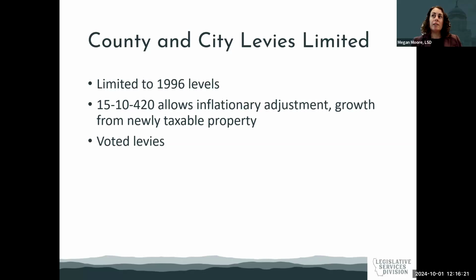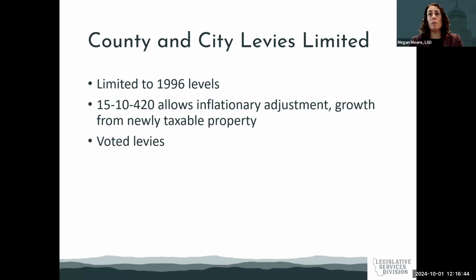County and city levies are limited to 1996 levels. However, there is a section of law, 15-10-420, that allows for an inflationary adjustment and some growth from newly taxable property. And how those mill levies are set is going to be the topic of the Lunch and Learn next Tuesday at noon.